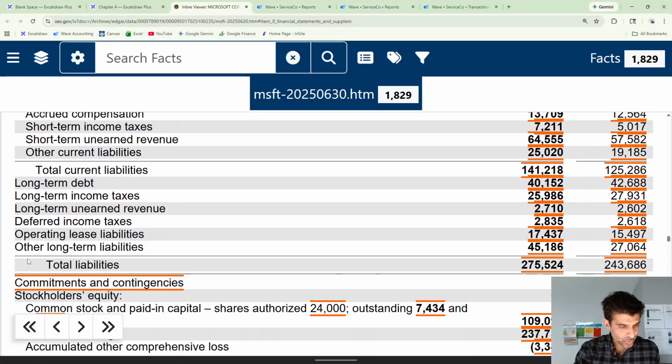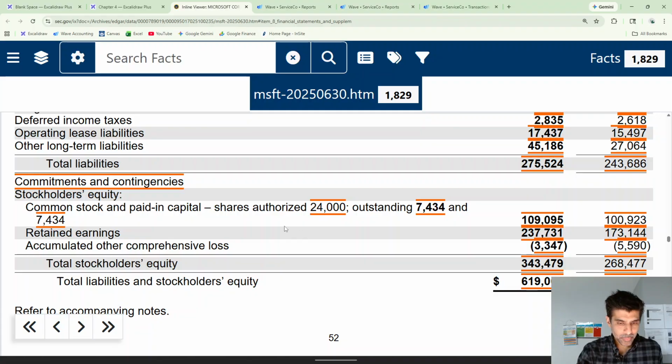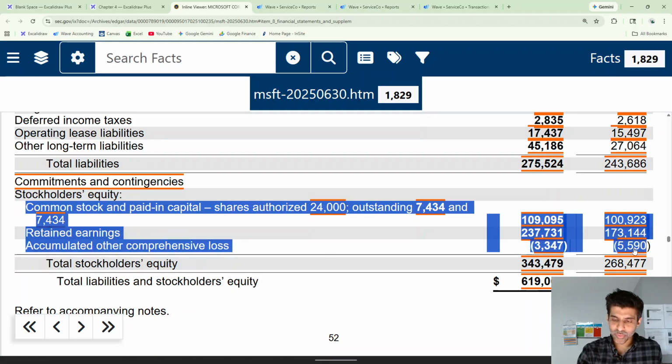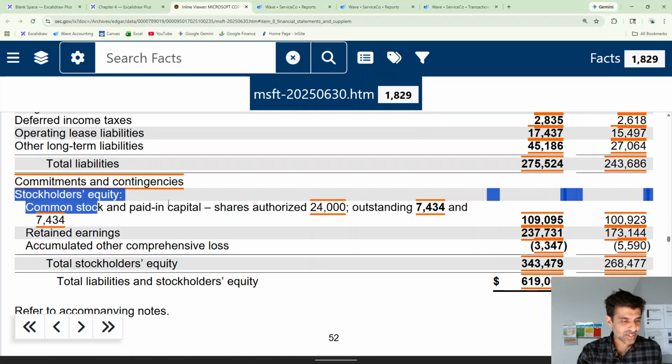Okay, and then we have their total liabilities, and of course they probably have a lot of weird stuff going on. We'd have to read. And then it looks like they don't have any preferred stock. They just have one share class, common stock. And in chapter 13, we're going to go into full detail on just this section.